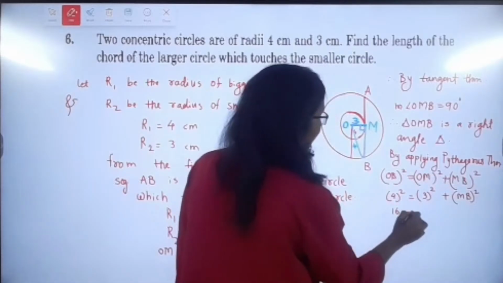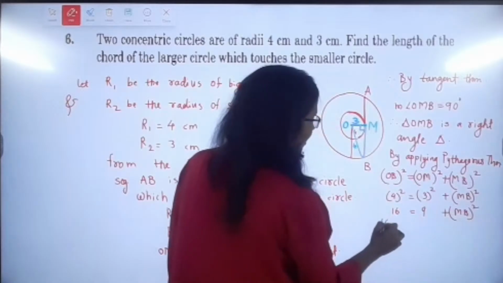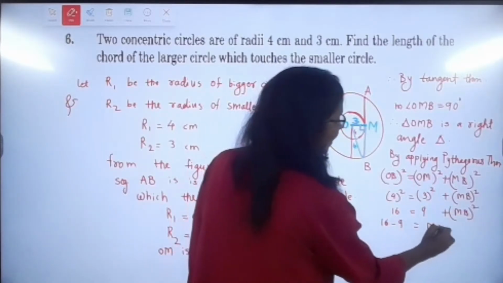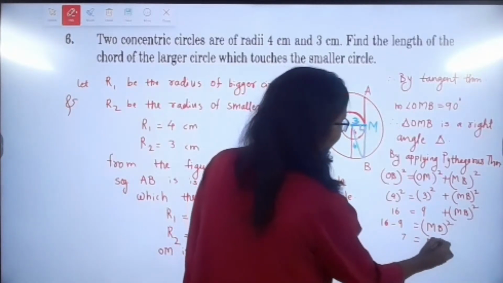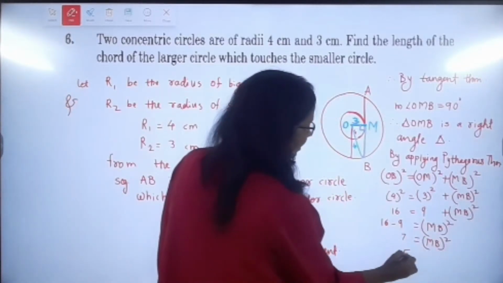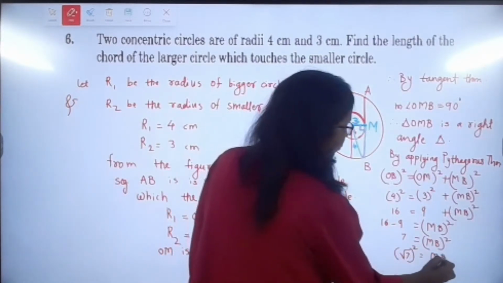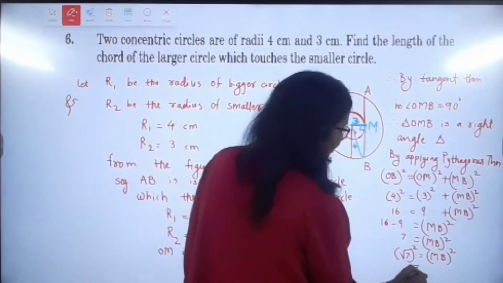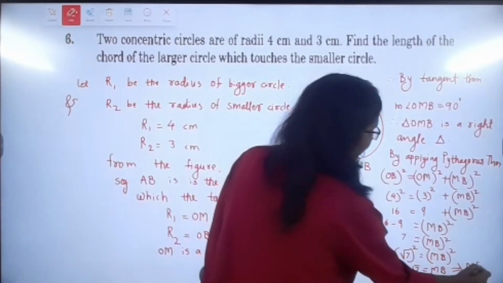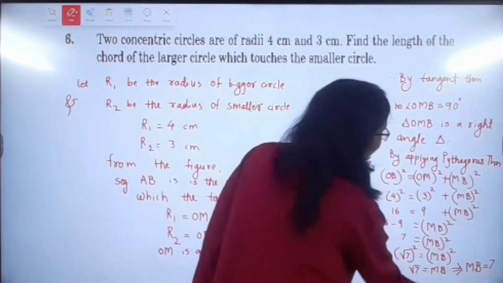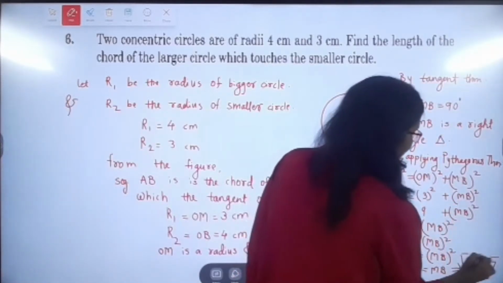That means 16 is equal to 9 plus MB square. So 16 minus 9 is equal to MB square, that is, 7 is equal to MB square. So MB is equal to root 7.